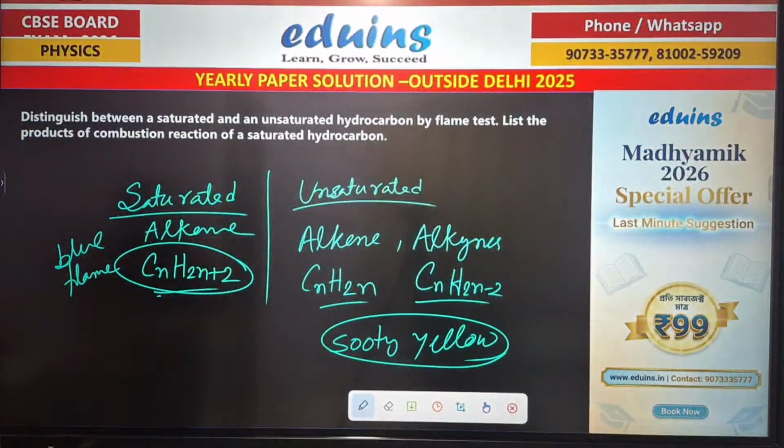So, by taking this flame test, we can easily distinguish which will be the saturated and which will be the unsaturated. Okay. This was an easy question, I know.